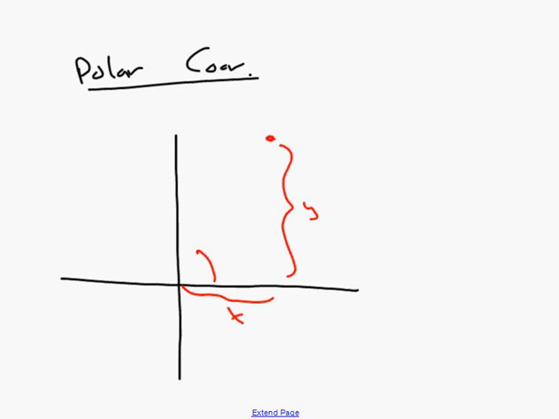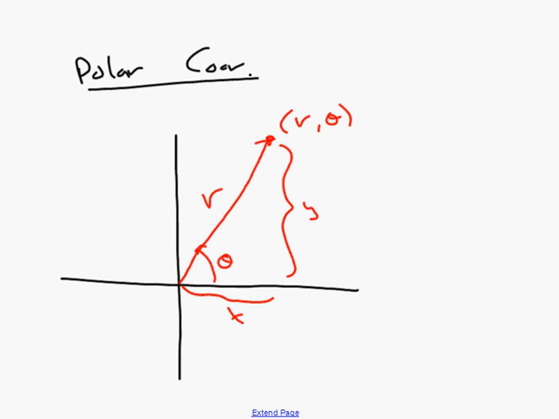You specify a particular angle to rotate through, theta, and then a particular distance forward to move that we call r. I've argued before that that is probably a much more natural way to represent points in the plane. So this point now has coordinates r comma theta.